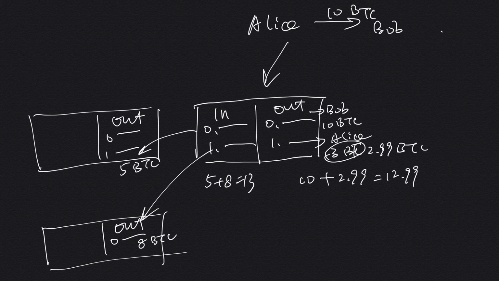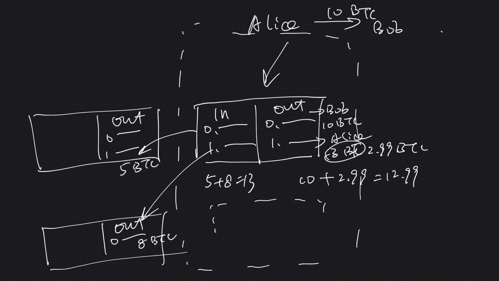You may have in mind that the blockchain is appended one by one. Each block references the previous block. So don't be confused between the transaction reference and the block reference. It's a totally different concept, because this could be a block with multiple transactions, but this may not be the previous block.